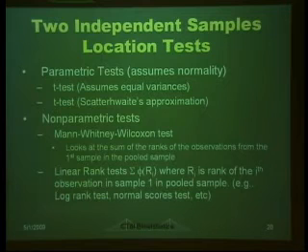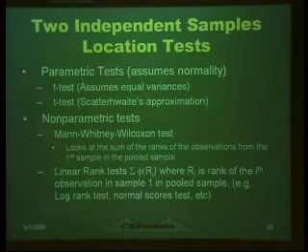If we have two independent samples, and we want to compare location, well, we already have a slight problem with parametric tests. We have the usual t-test that you probably saw in an elementary stat course or earlier in this lecture series.